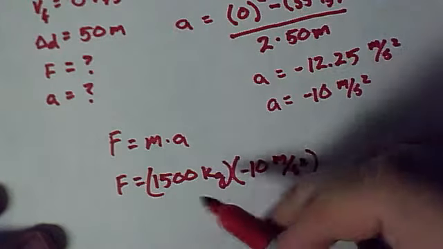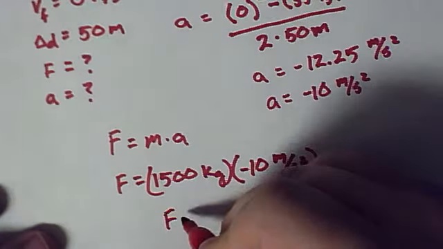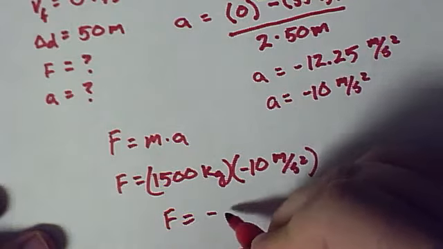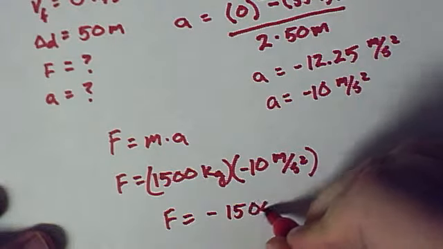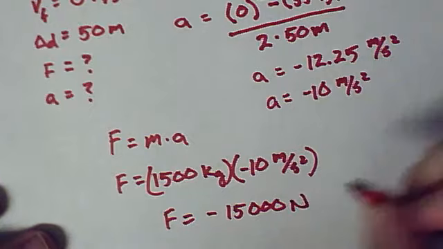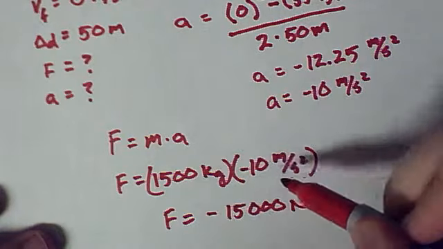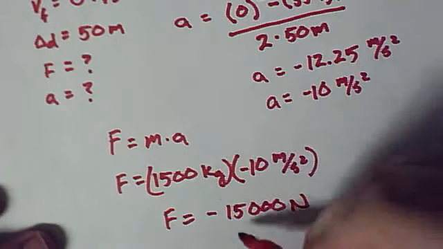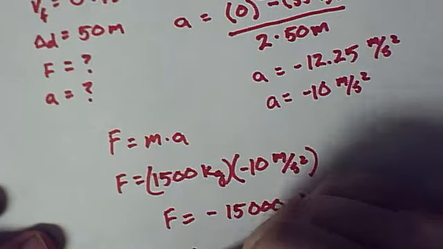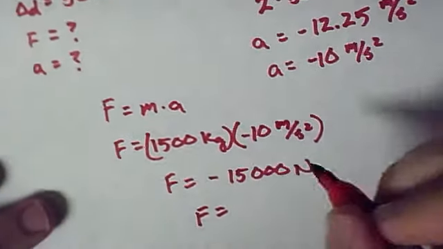So 1,500 times negative 10, my force is negative 15,000 newtons.